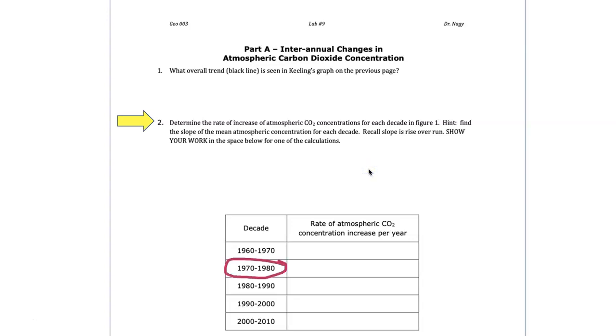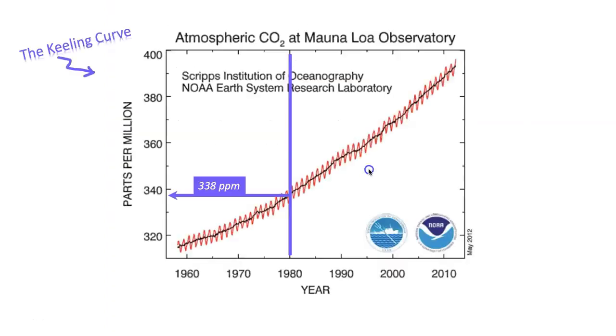I'm going to do the decade of 1970 to 1980 since we already have a data point for 1980. Okay, so here's our graph from before, and remember we already have this data point right here. Again, if you like to think in terms of XY graphs, then the coordinates for this point would be 1980, which is the X value, and 338, which is the Y value.